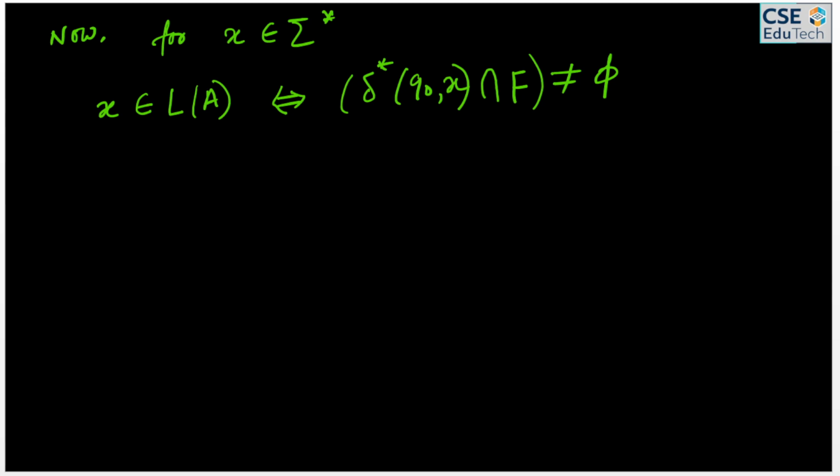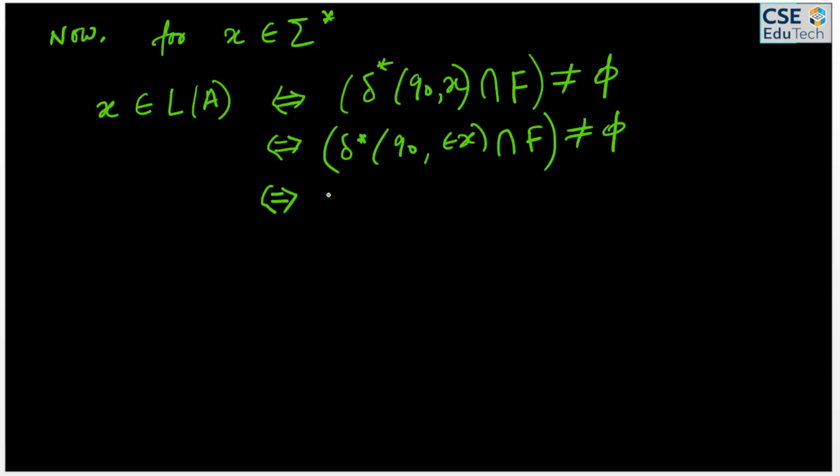Which again implies delta star of Q naught, epsilon X, intersection F is also not equal to empty.